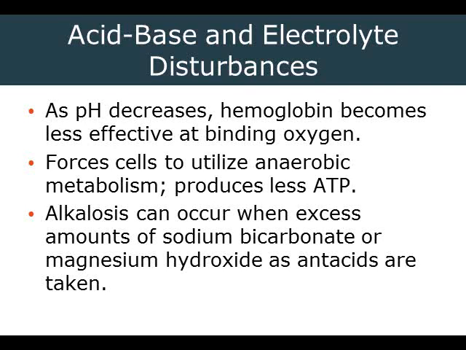We can also get alkalosis to occur when we have excessive amounts of bicarbonate or magnesium hydroxide as antacids are taken. So if you would, say, go home and eat a box of baking soda, or go home and take a bottle of Rolaids or Tums or Maalox or whatever, take the whole thing, you have now really neutralized a ton of the body's acidic store by neutralizing so much of your stomach acid, which really is a huge, huge, huge player in the grand scheme of pH for the body.